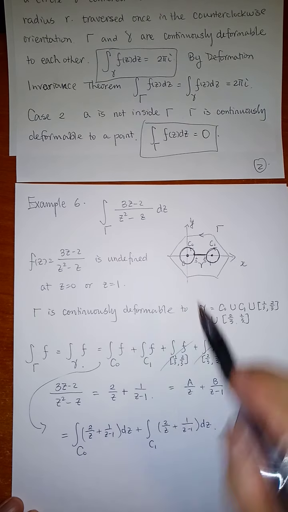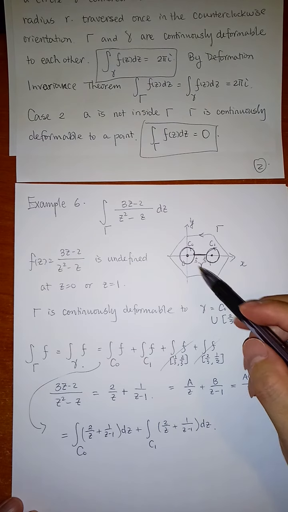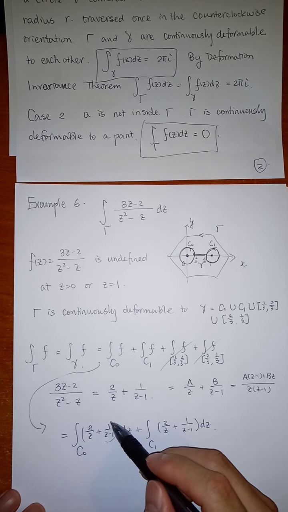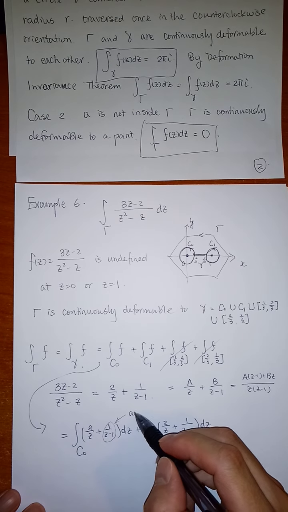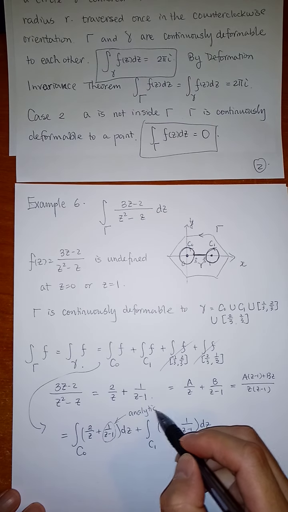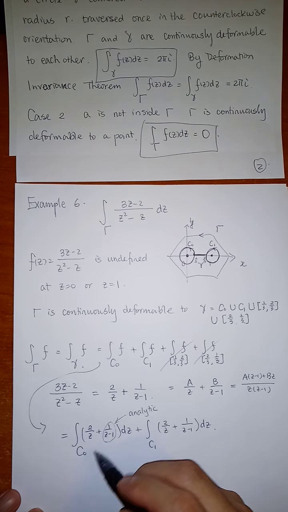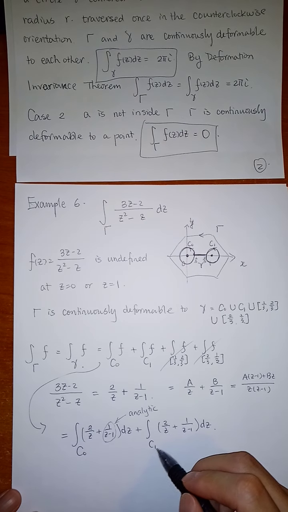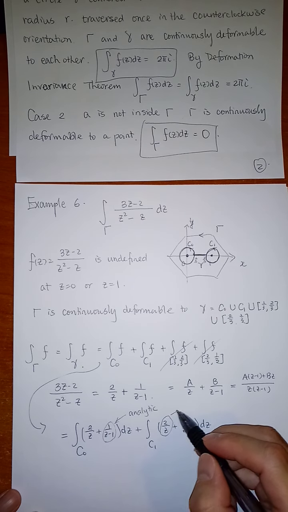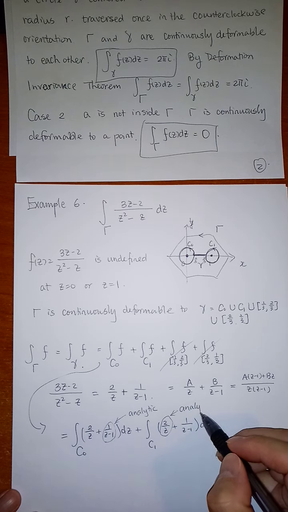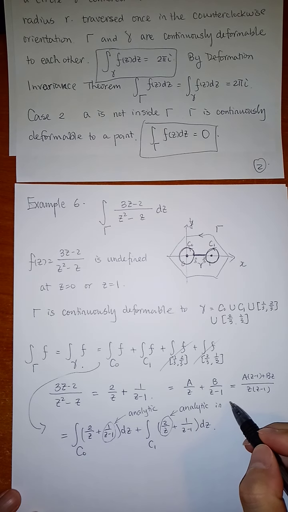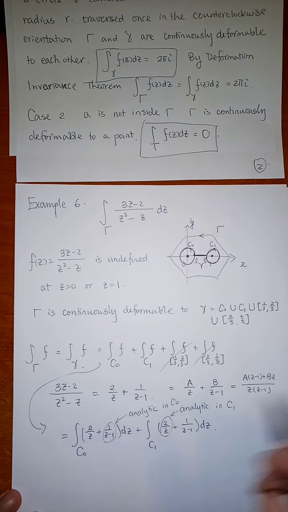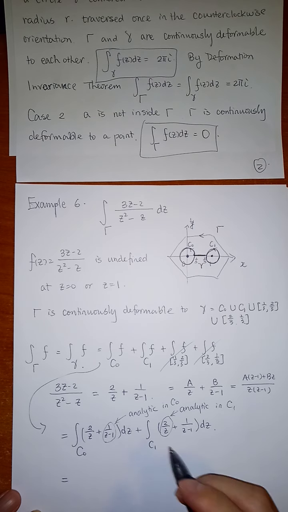Remember, c0 contains 0, c1 contains 1. c0 contains 0 but does not contain 1, so 1 over z minus 1 is an analytic function inside c0. So its integral along c0 is going to be 0. Here c1 contains 1 but does not contain 0, so 2 over z is analytic inside c1.